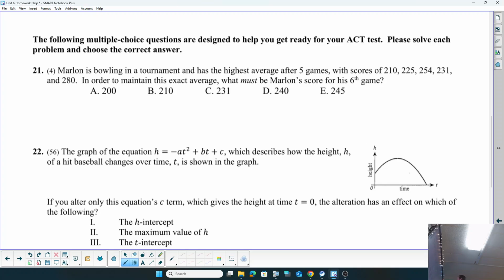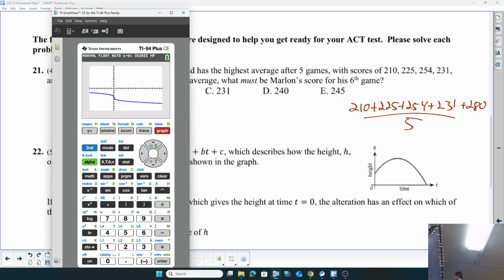Interesting. Well, we have 210 plus 225 plus 254 plus 231 plus 280, right? All divided by 5. So what's that average?